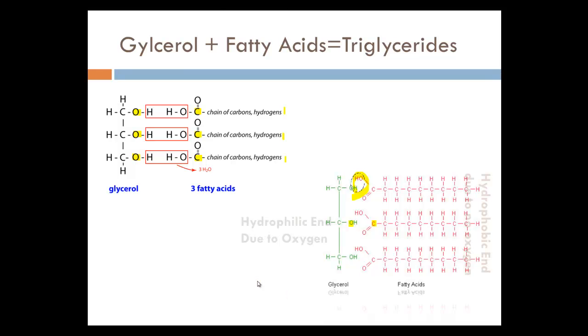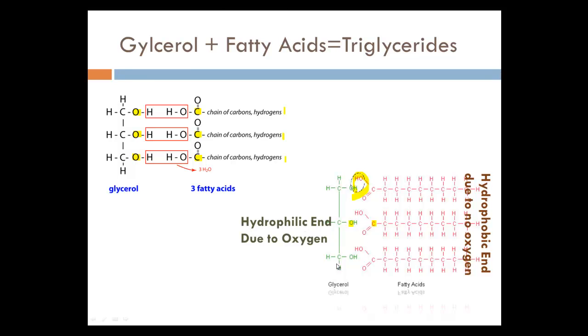Now, because of the double bonded O, the OHs, the oxygens over here, remember that the oxygens tend to pull electrons a little closer to them, thus causing them to have a slight charge. So we consider this portion, because it's charged, to be hydrophilic. Remember that means water-loving.